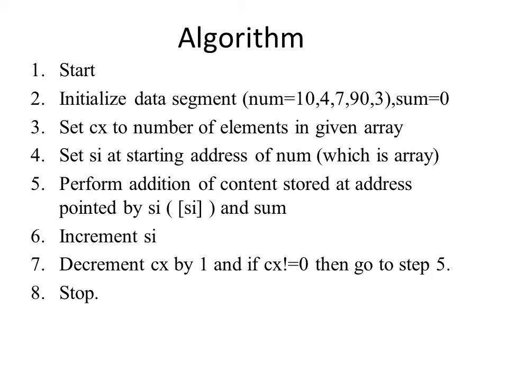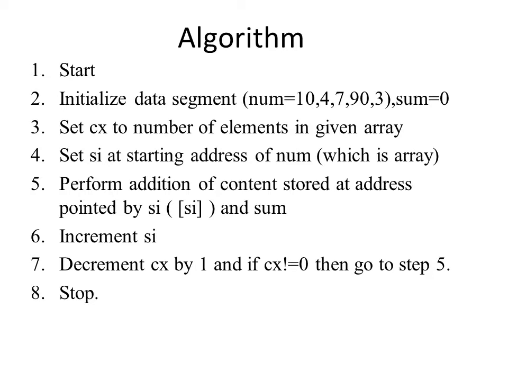Then in the second iteration, to whatever the addition was in the previous iteration, the next element will get added. In the next iteration, the number present at the next index will get added to the previous addition, and this process will continue until we reach the last index element.